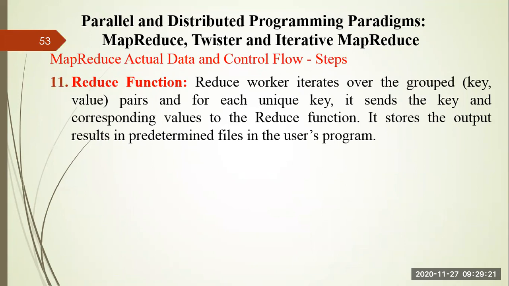Then this function processes its input data and stores the output results in predetermined files of the user program. In which file you will write the result is also fixed, because you are taking a set of files as input and you have to produce one output file. So the location of the files, everything, is known to the reduce function.